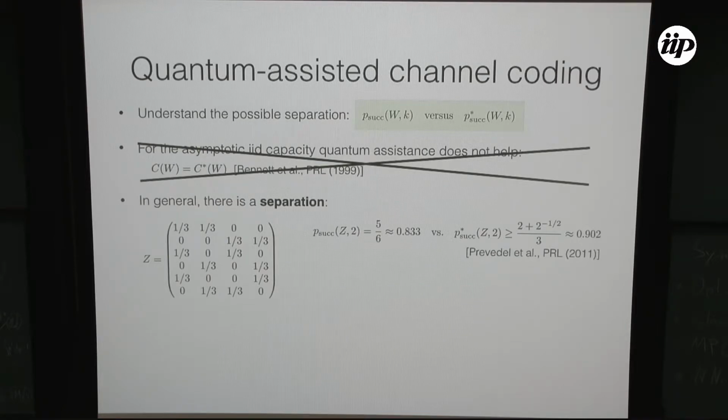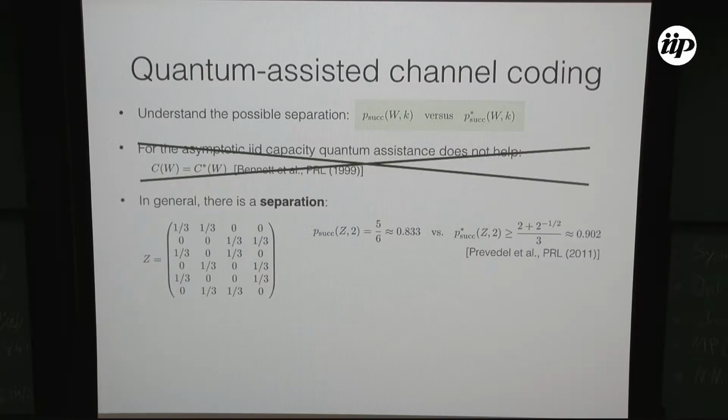It turns out that it's actually a non-trivial question, because there's an example for which there's a separation between p and p star. There's nothing particularly insightful about this example, at least from my point of view. It's just a transition matrix, with input size 4 and output size 6.